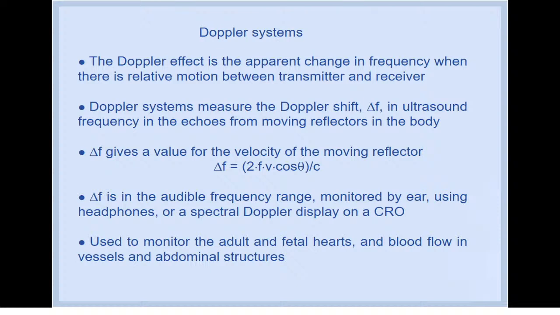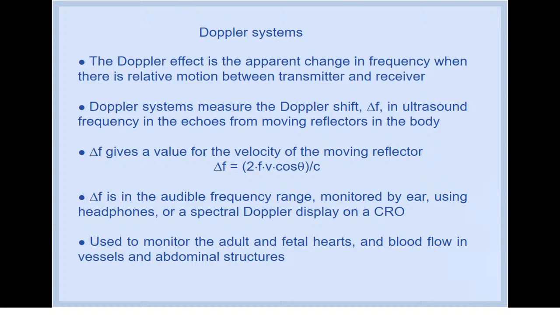This Doppler shift gives a value for the velocity of the moving reflector. You can see this is measured, and after this the velocity of the moving object may be taken from here, and this is just the velocity of ultrasound inside the body.